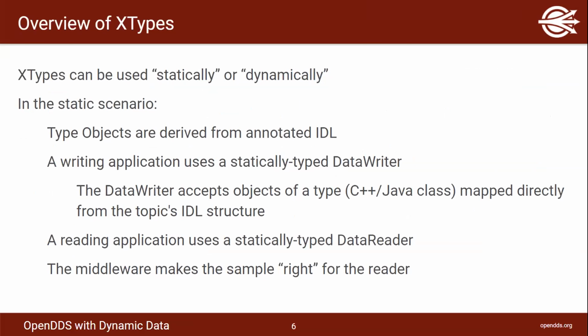An application that's going to be writing using a statically typed data writer, which is typically some kind of template parameterized by your message type, is then going to accept objects of the type, being C++ or Java or whatever you're using. So there's a type defined in the programming language for that topic type, and the data writer API accepts objects of those types.